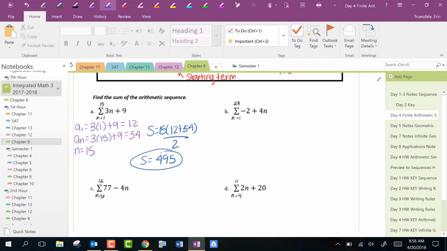Careful when you plug it in, because that 2 is negative in the front. Let us know if you need help.